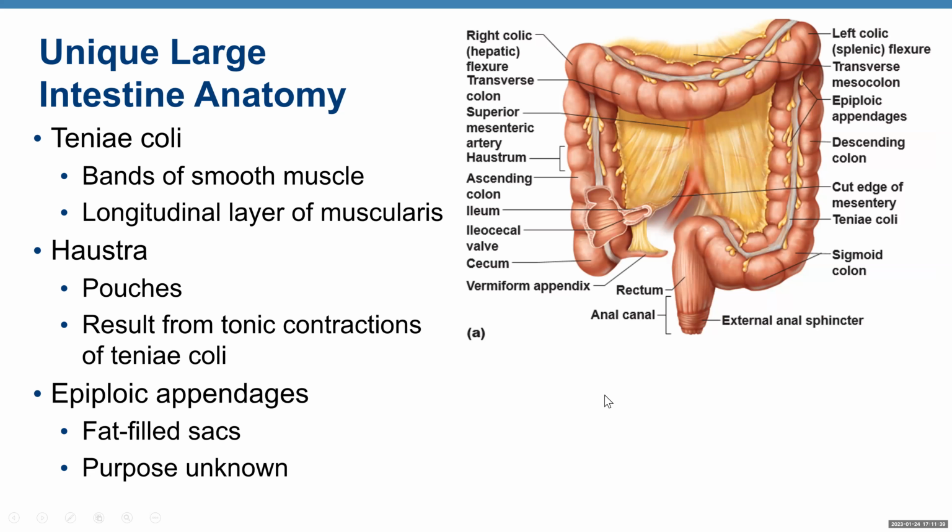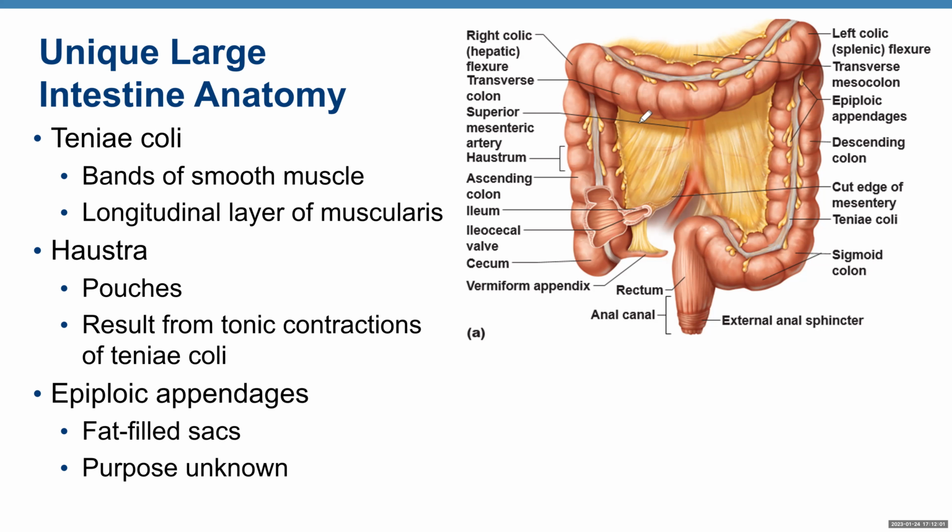Now, the large intestine has some unique structures. One is the taenia coli. This is a band of smooth muscle. It's made of the longitudinal layer of muscularis.